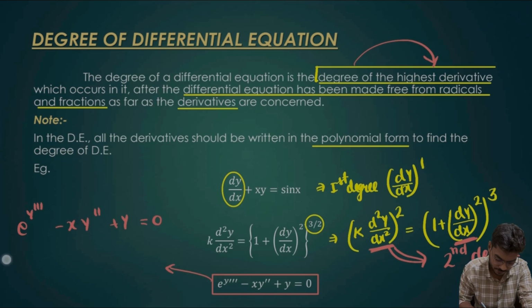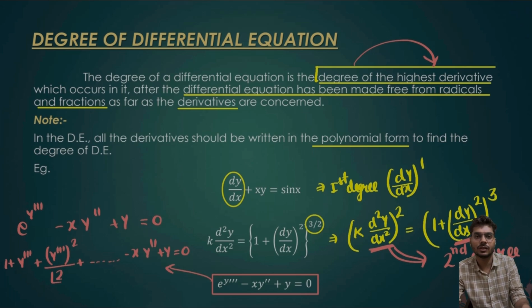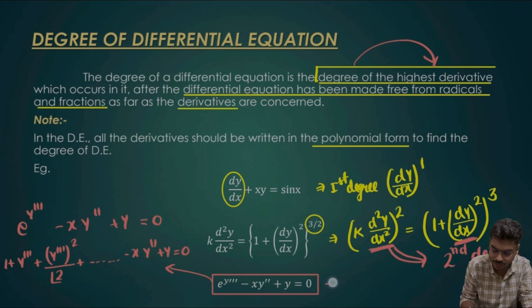The expansion is 1 plus y triple dash plus y triple dash whole square upon factorial 2 plus so on, powers will increase or not, minus x y double dash plus y. If you notice the triple dash, which is the third order derivative, the powers are increasing. So which is the highest degree? Can I say that the highest degree is not defined?